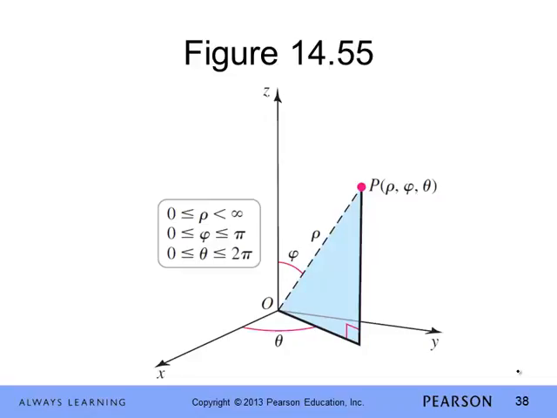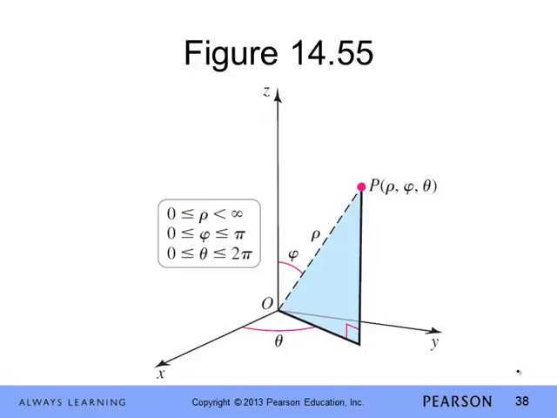And that distance is called rho, Greek letter rho, as in r, as in radius, right? And then you have this angle phi, which is the angle between the positive z-axis and that radial line segment from the origin out to that point. That's what phi is. That's one of your measurements.